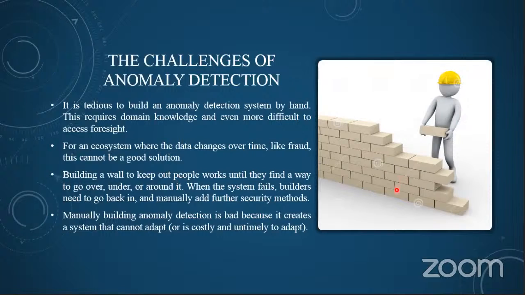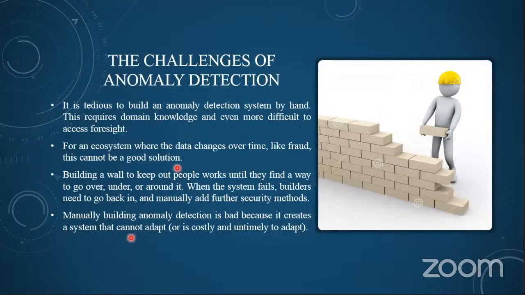So just like building a wall, if fraudsters or anomalies can go over this wall, dig a tunnel under it, or go around the wall, then the person developing the anomaly detection algorithm needs to create a solution for those three problems also.